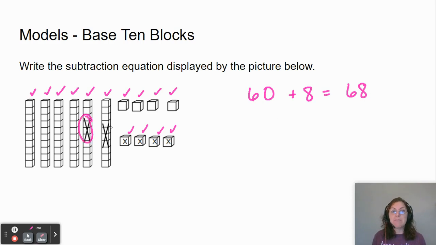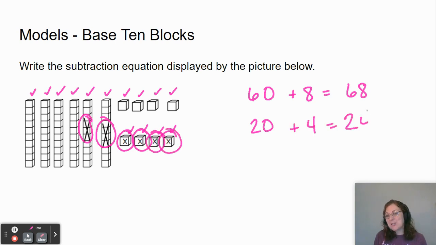So you have 1 10 block, 2 10 blocks, and you have 1 unit cube, 2 unit cubes, 3 unit cubes, 4 unit cubes that have the X's on them. So I have 68 minus 24 because I put the ones with the X's on them as my subtractant.